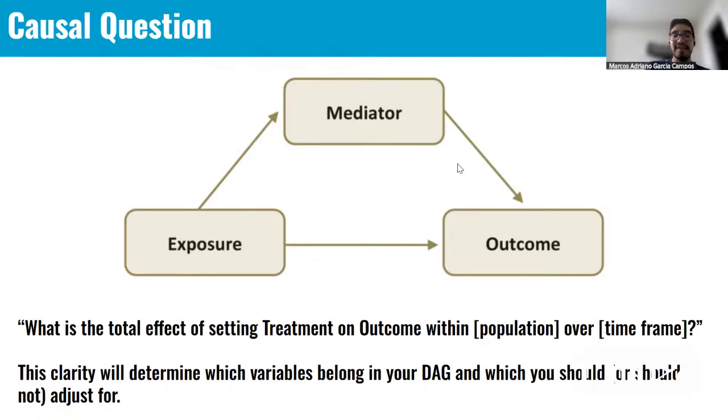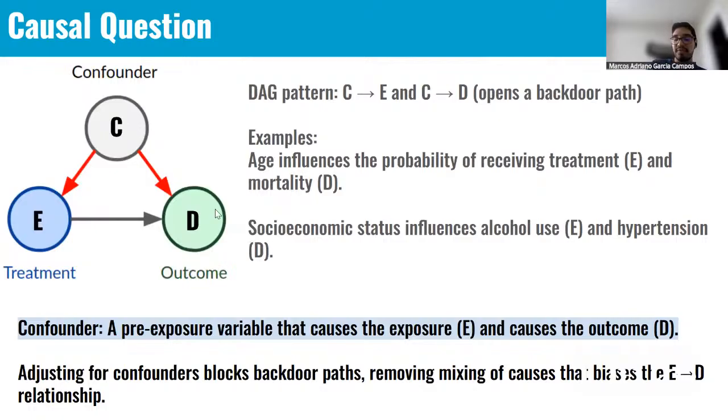And what can also influence the outcome? What variables can interfere between exposure and the outcome? This will clarify and determine which variables belong in your DAG and which you should or should not adjust for. And we have different associations and different settings of that kind of variable.